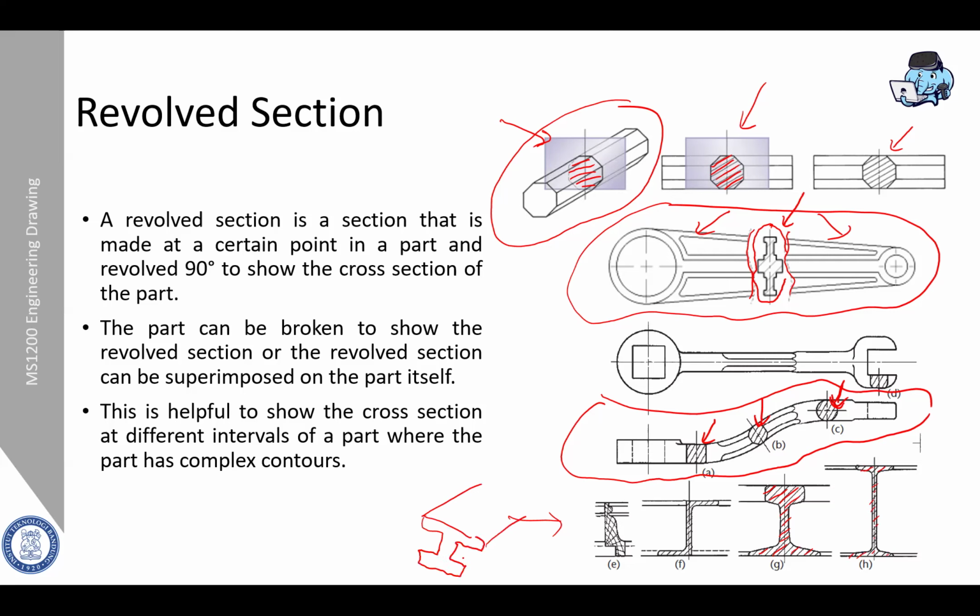So it can be represented like this, the section view. This is helpful to show the cross section at different intervals of a part where the part has complex contours.